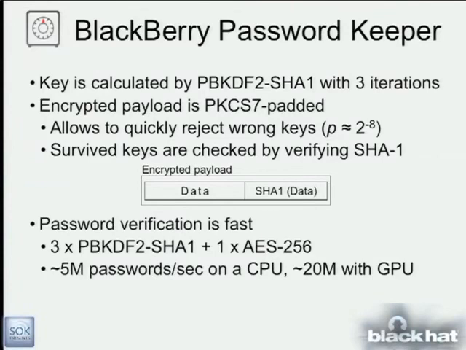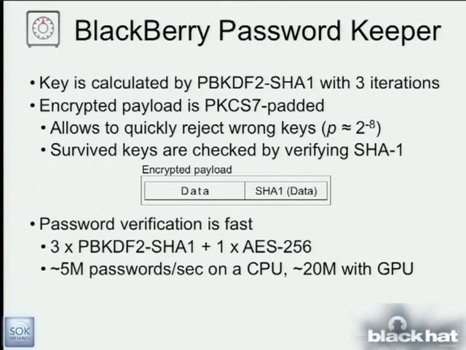And the data inside the database is encrypted. It's okay. So if you just have the file, you cannot read the stored passwords in plain text, but still you can mount a password recovery attack. The password recovery attack will be very, very fast. It's about 5 million passwords per second on a modern CPU and up to 20 million on GPUs.